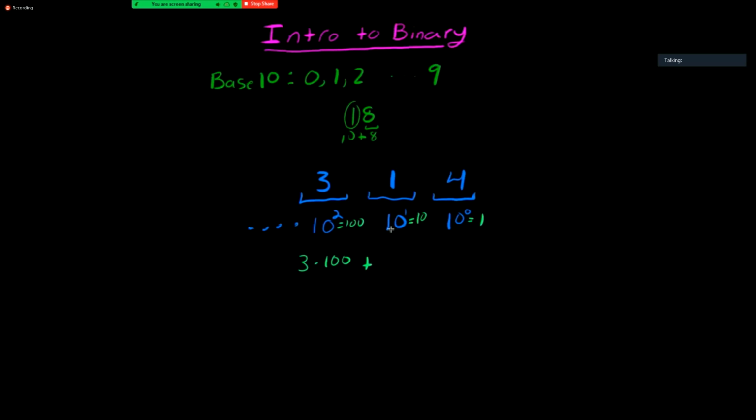Then we're adding that to 1 multiplied by 10, its positional value. And then we're adding that to 4 multiplied by its positional value, which is just 1. So of course, we get 300 plus 10 plus 4, and we get the exact same thing that we wrote, 314. And trust me, this is all going to play in when we move on over to binary here.